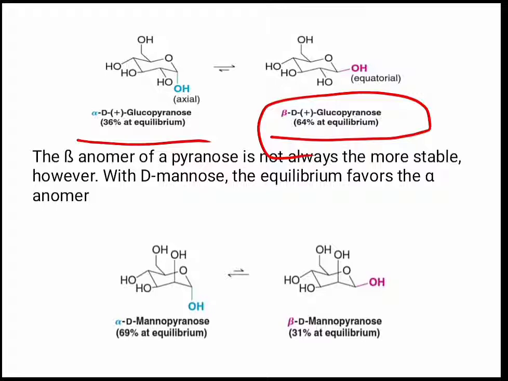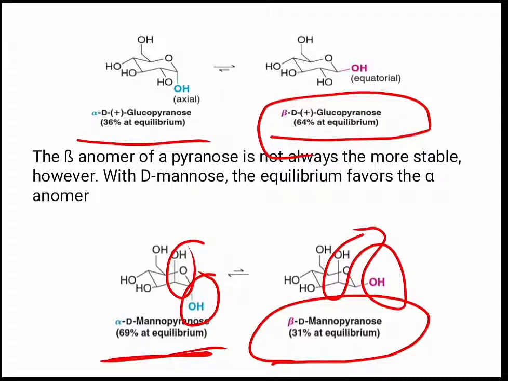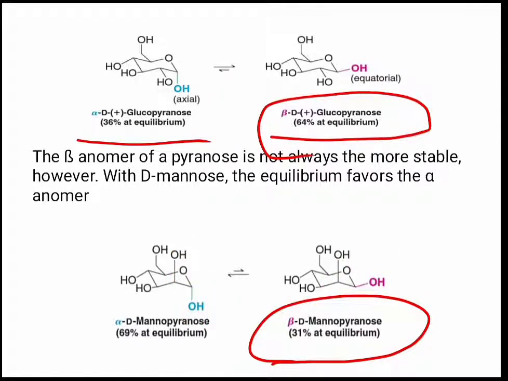But in case of mannose, beta-D-mannopyranose has 31%, but the alpha-D is more stable, which has 69% at equilibrium, because this OH and this OH are trans, whereas in the other, these two feel some repulsion between them.